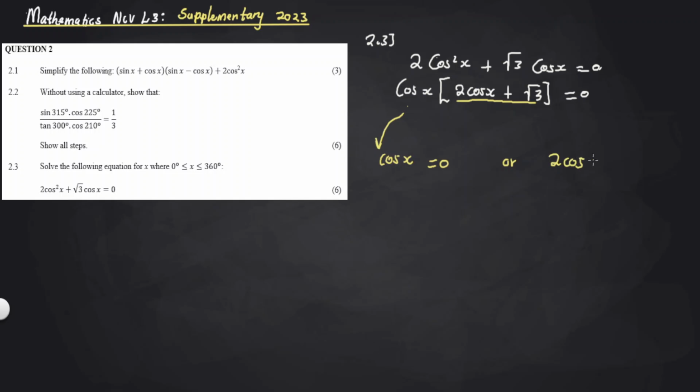So 2 cos x plus the square root of 3 equal to 0. Let's simplify this: 2 cos x equal to minus square root 3, so cos x is going to be equal to minus square root 3 over 2.